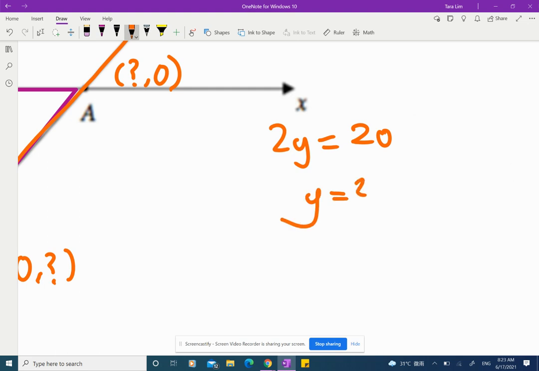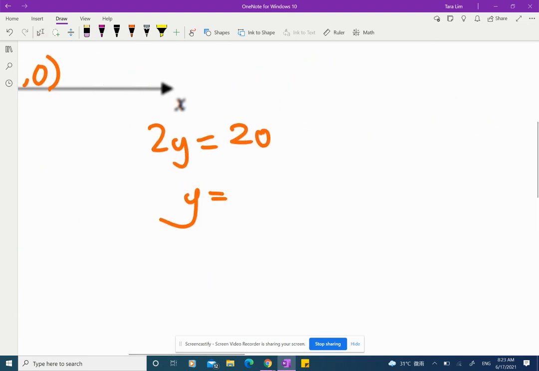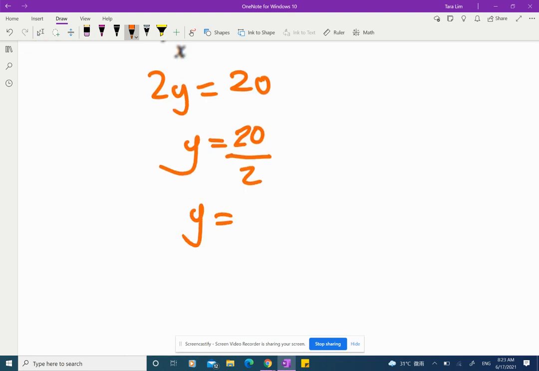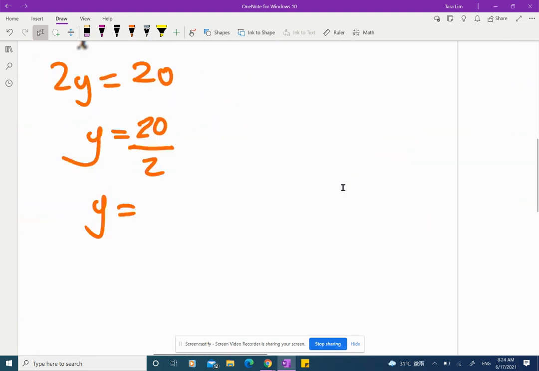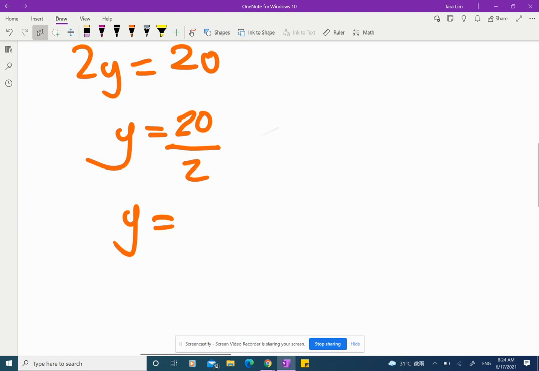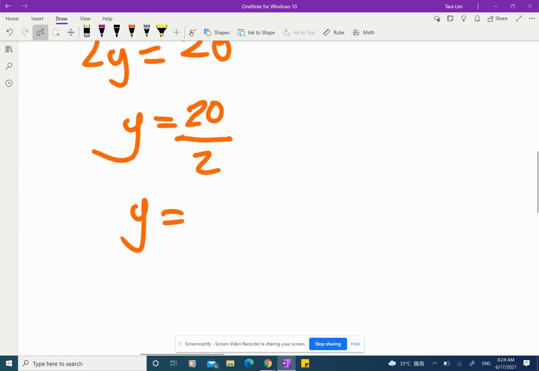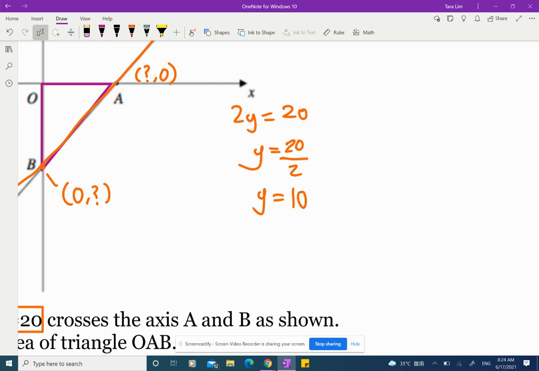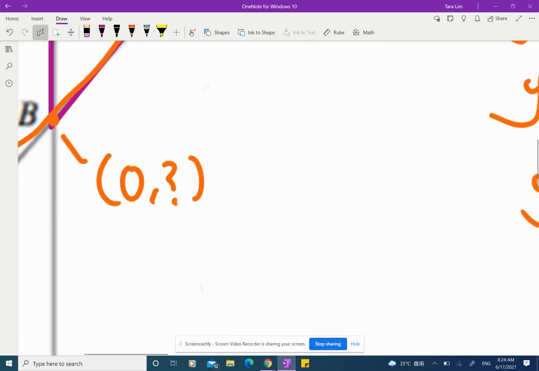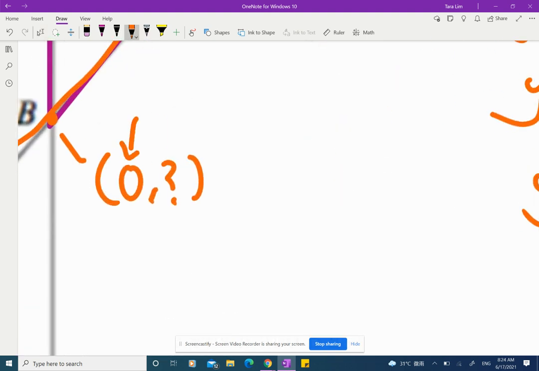Solving for y, 20 divided by 2 is 10. So if x is 0, then y is 10, and the question mark becomes a 10.